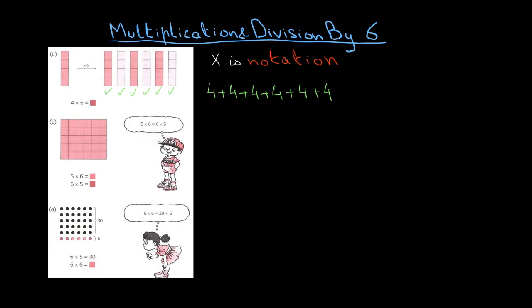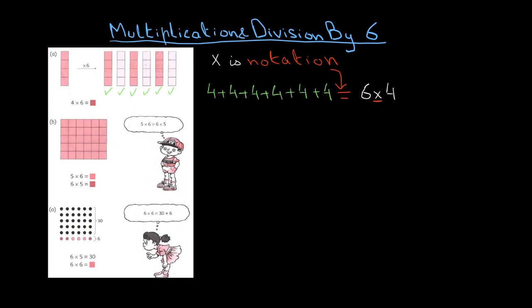This is very long, so I will denote it by 6 fours. This equality is the notation. I do not say the multiplication symbol, I just say it's 6 fours.